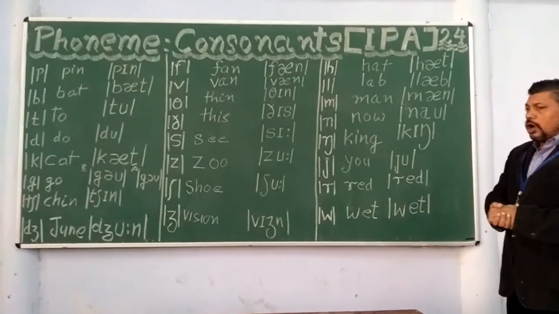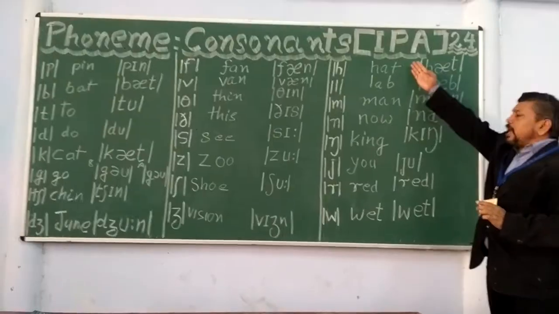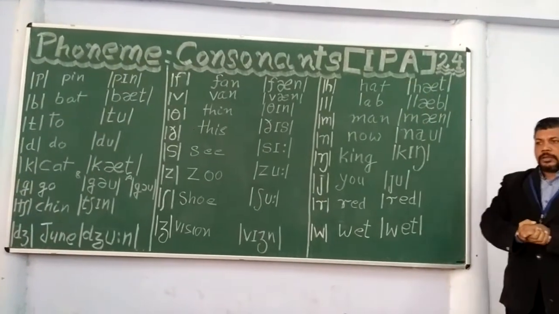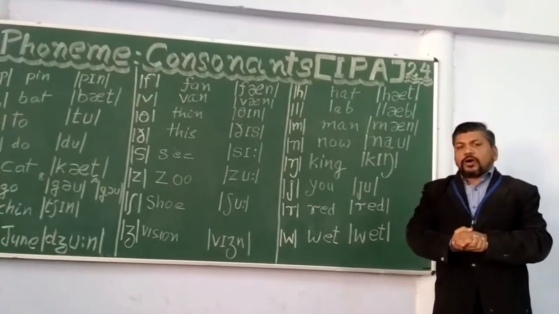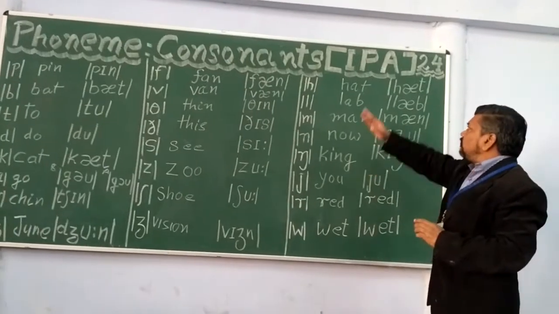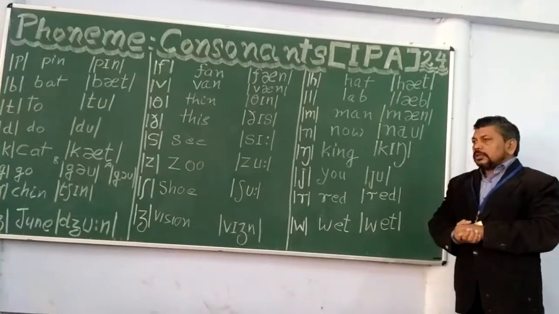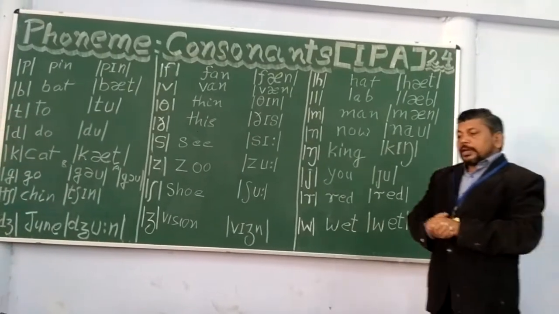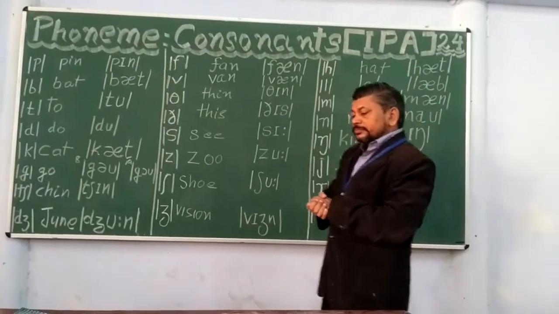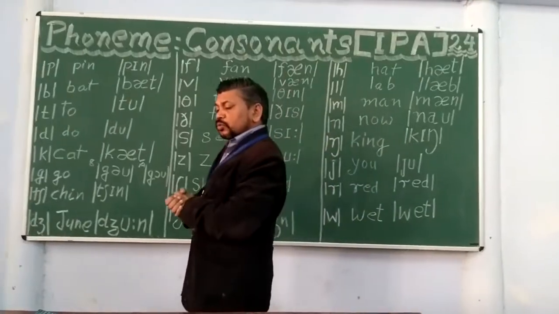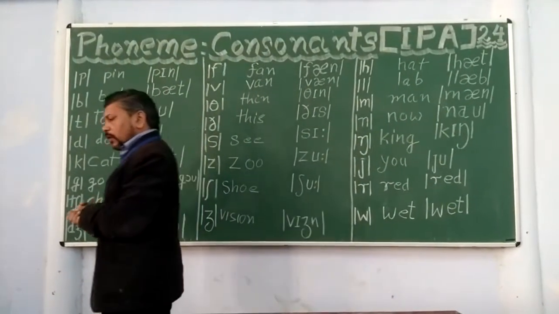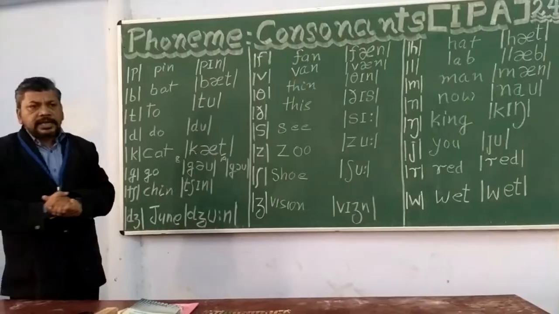Today we wish to talk of IPA. IPA stands for International Phonetic Association. IPA recommended 44 sounds for speaking English.